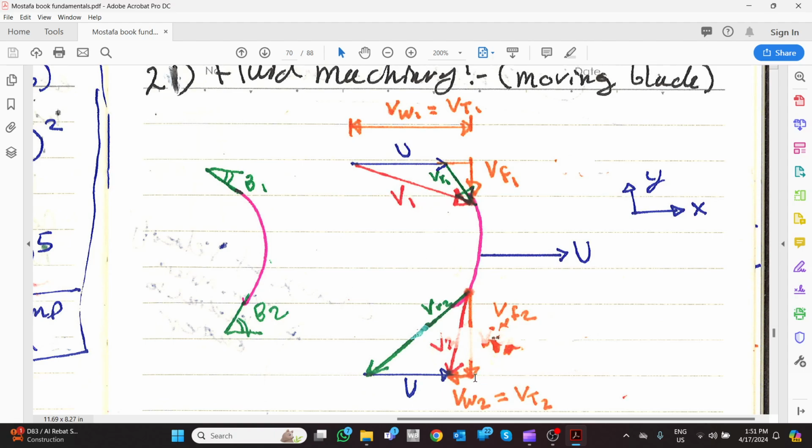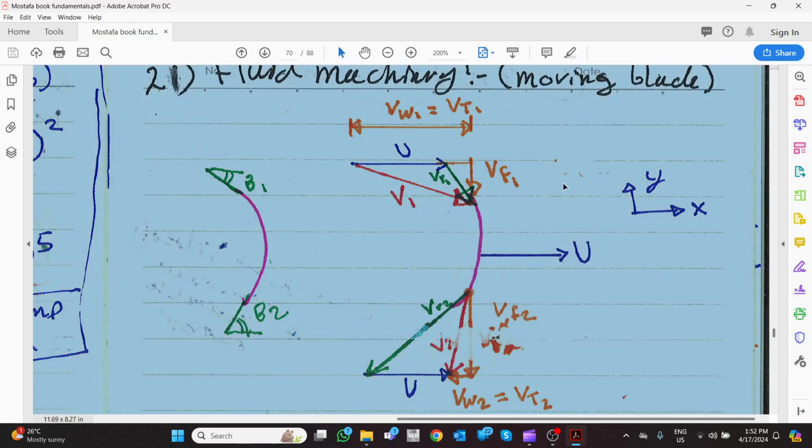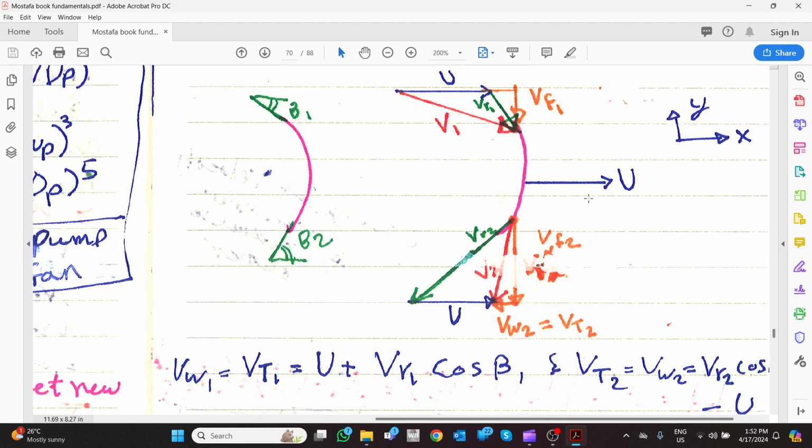The difference between these two is how much kinetic energy has actually been lost from the flow, which is translated to power on the plate, or energy transferred to the plate. Okay, let's do it in equations.